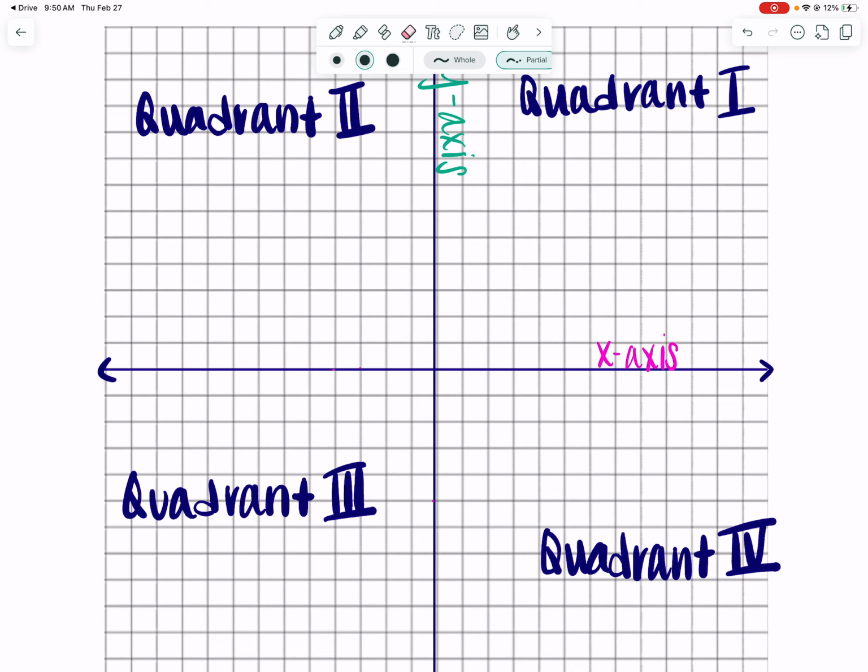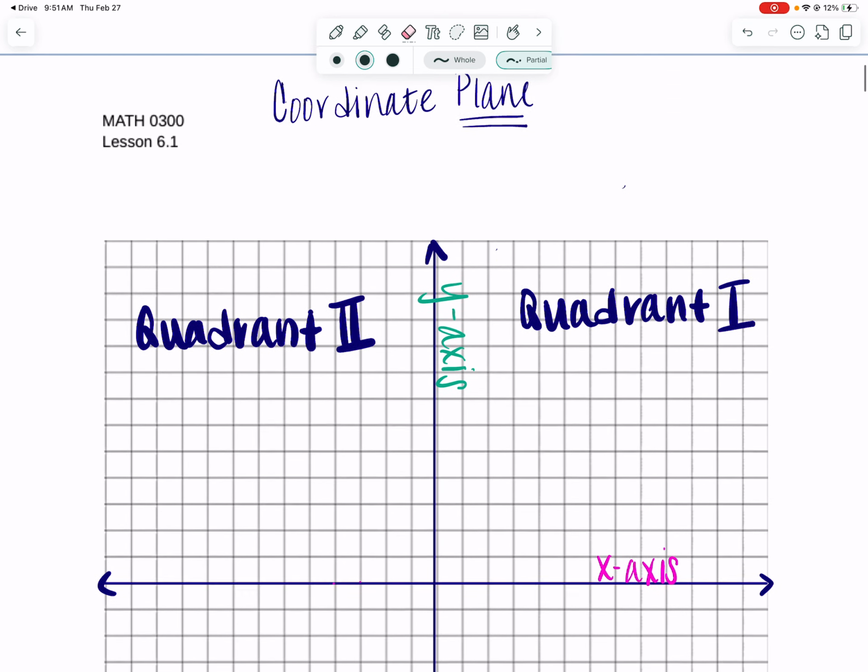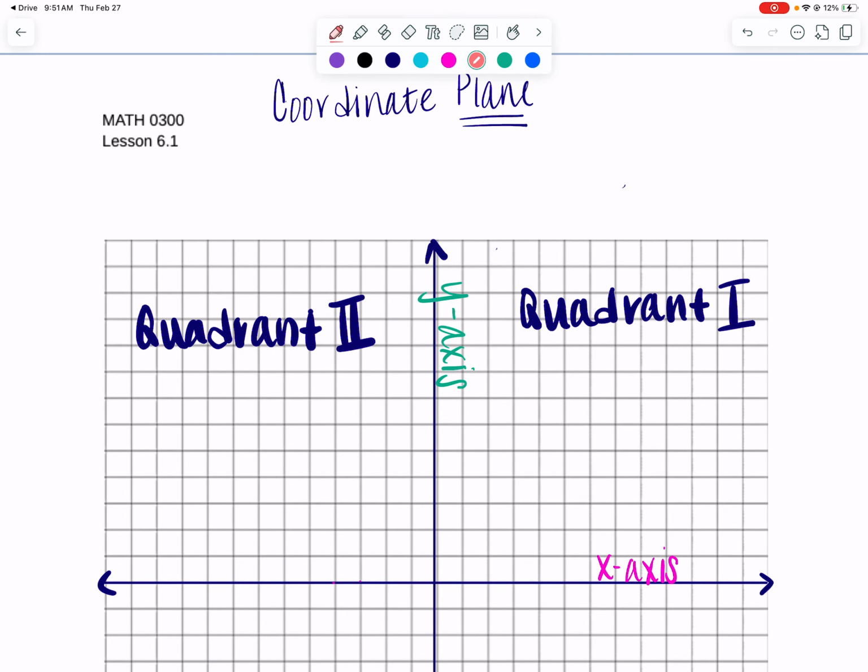Now, once we have our quadrants labeled, we need to talk about plotting points on our quadrants. When we want to plot a point, we're actually plotting what is known as an ordered pair.